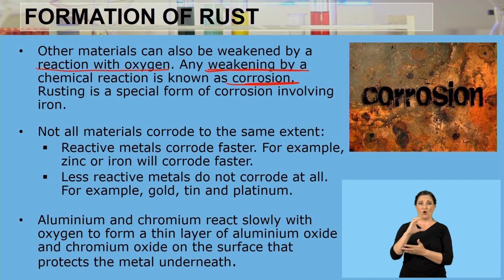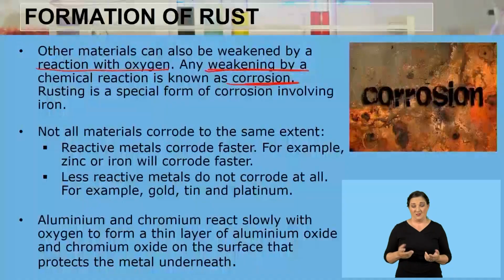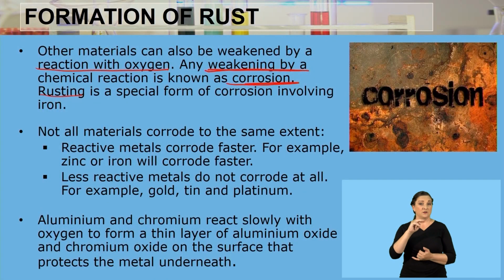So corrosion is the weakening by chemical reaction, and it can be of iron or any type of metal. Now, rusting is a special form of corrosion that involves iron. So rusting involves iron, and for the other metals we can just refer to it as corrosion.